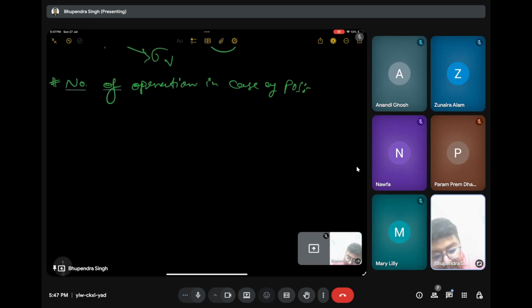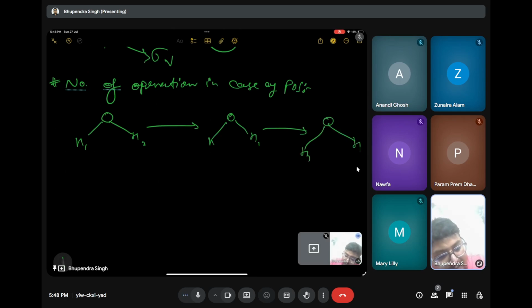Okay, now consider the same molecule, same example, our favorite example, water. Till now we only know that we have only a C2 axis because of the lone pairs.